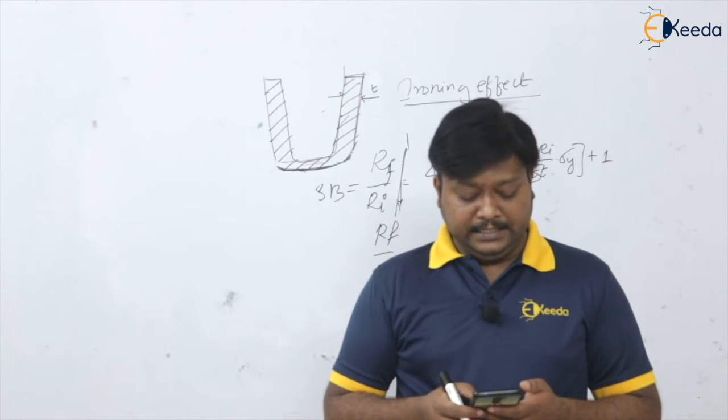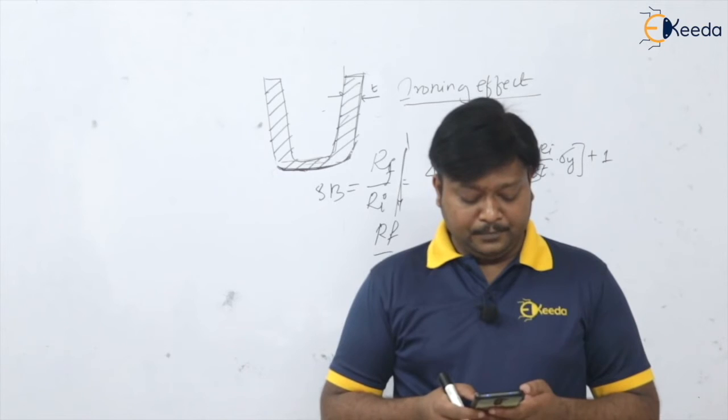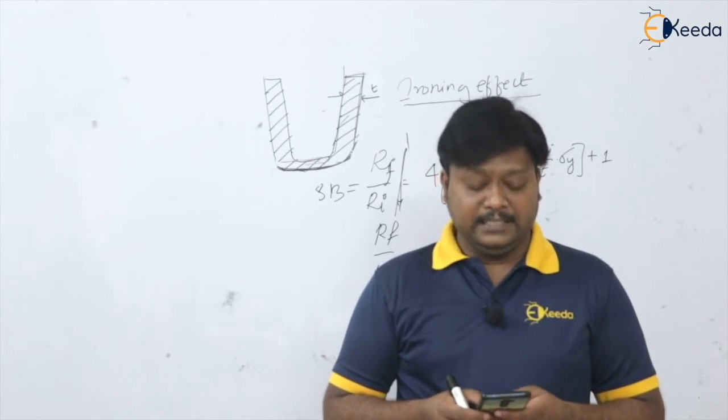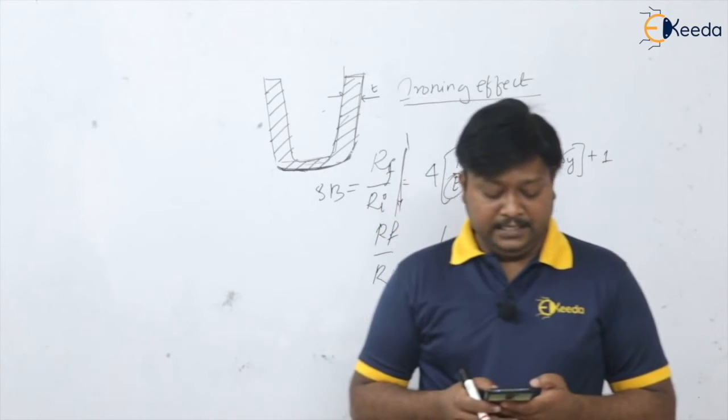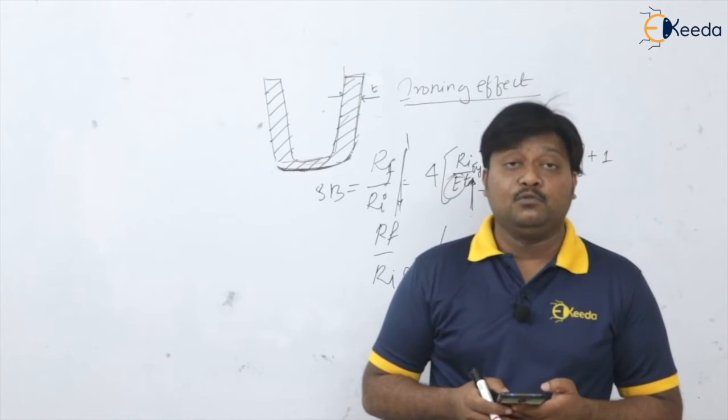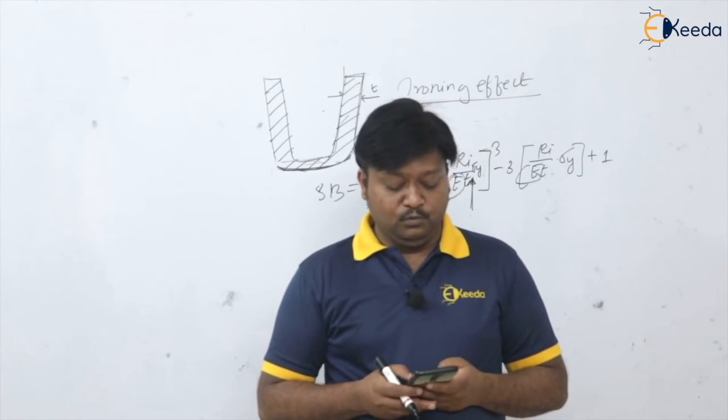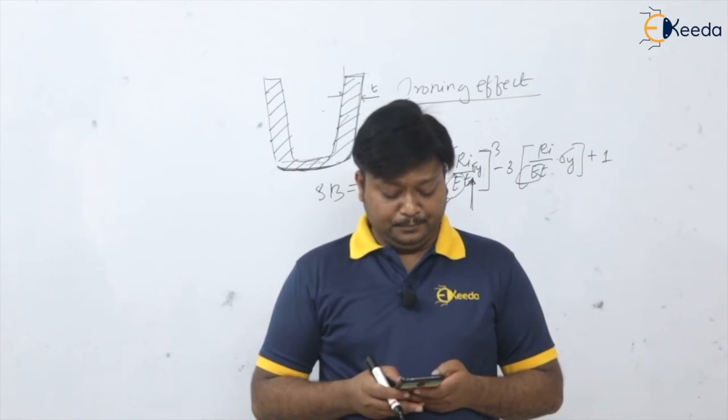B, increase the ductility of the sheet. Option C, decrease the speed of blanking. And option D, provide the shear on the punch. So the only thing is that we have to reduce the gap between the punch and die, then only we can improve the surface smoothness and squareness.